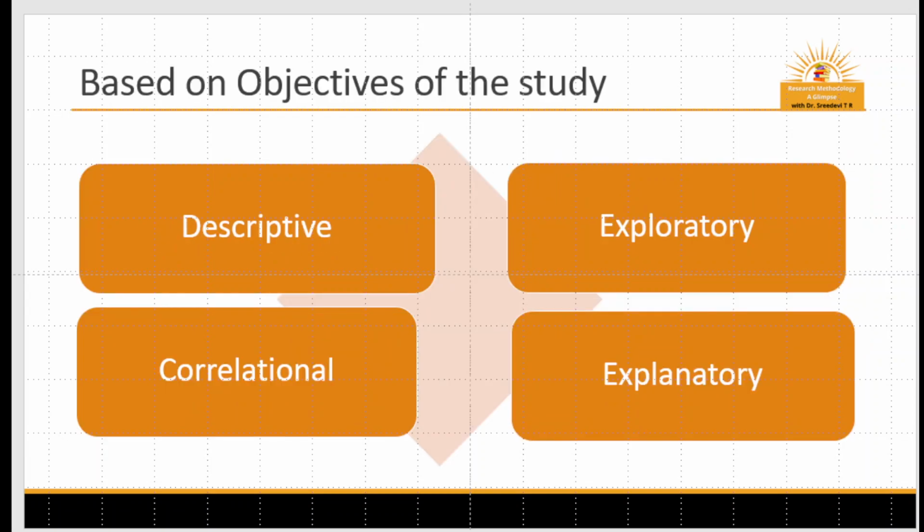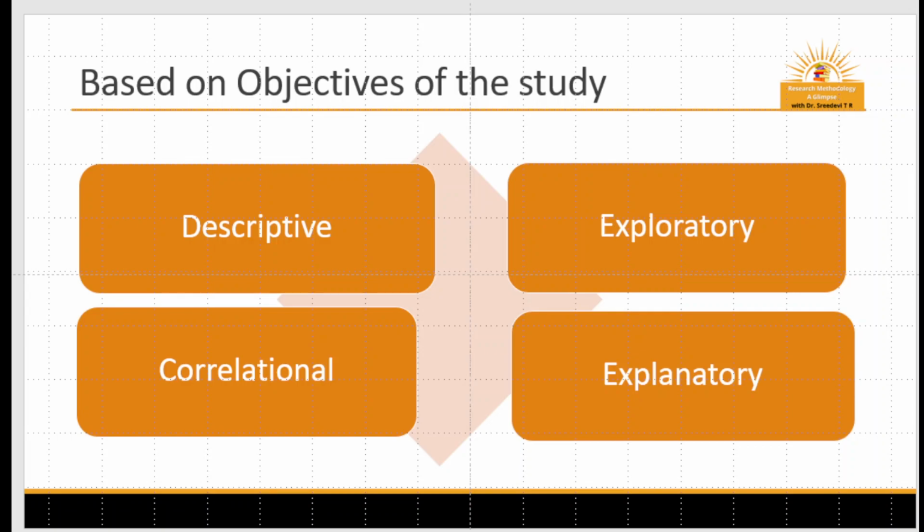Then based on objectives of the study, there are descriptive research, exploratory research, correlational research, and explanatory research. Descriptive research observes, describes, and documents aspects of a situation as it naturally occurs. This is actually ex post facto research, that is, from after the fact.